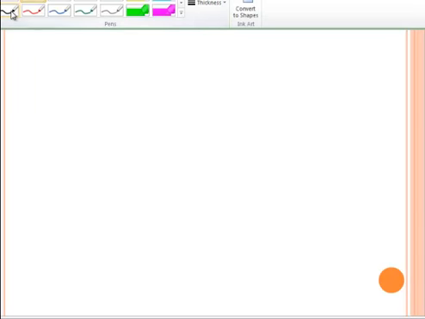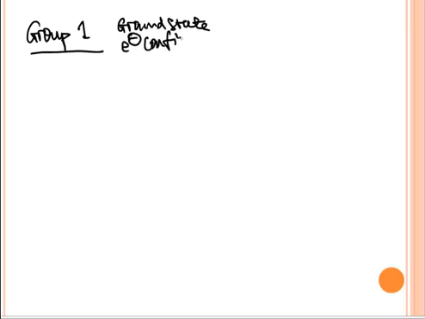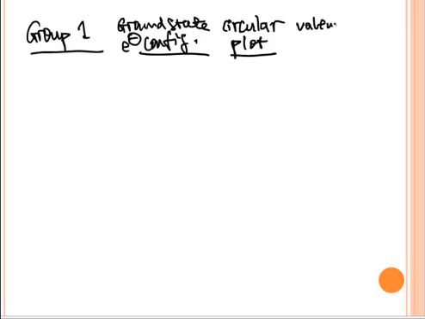Okay, so I just want to put it into a particular format. We're looking at group 1 elements. What we want to have is the ground state electron configuration, the lowest possible energy state. Based on that, we're going to do the circular plot, and based on the circular plot, we want to do the valence shell electron configuration.